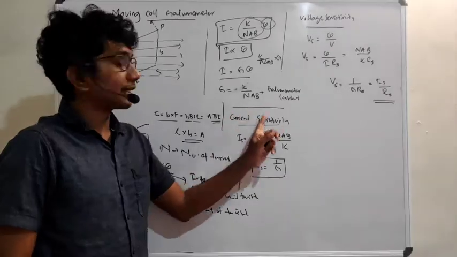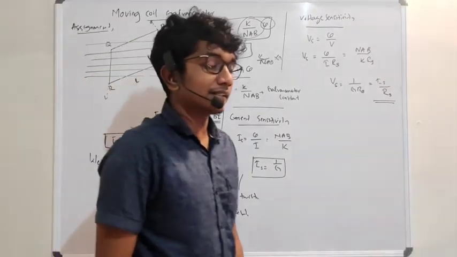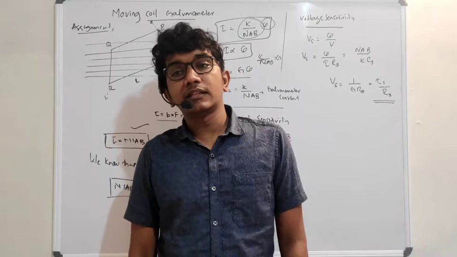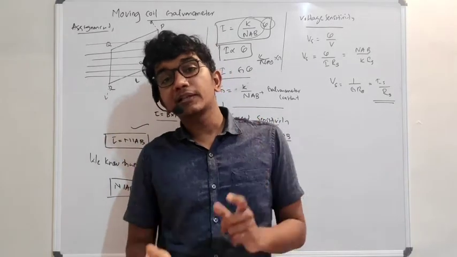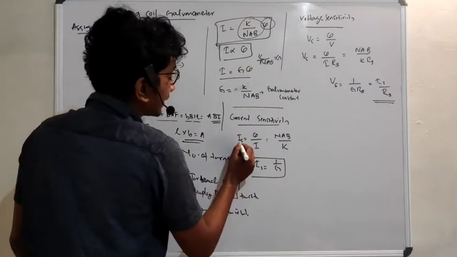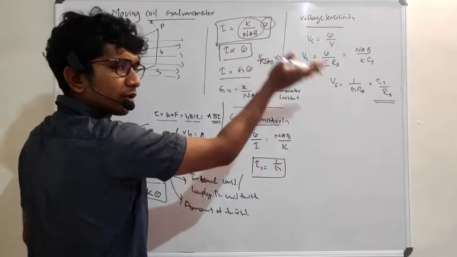Next we are going to discuss current sensitivity and voltage sensitivity. Current sensitivity is the total twist per unit current. That is Is is equal to theta by I. From this equation only we are defining all these things.